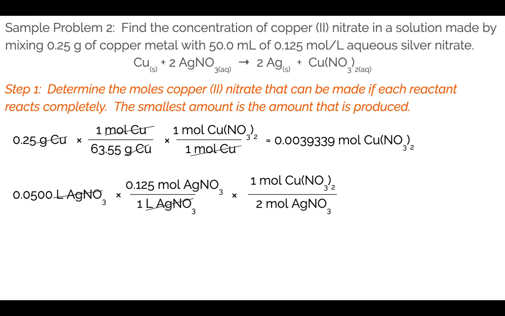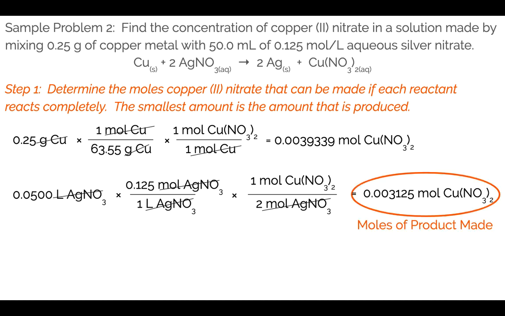In this case, the ratio is 1 copper(II) nitrate over 2 silver nitrate. So when we calculate that out, we find that if all the silver nitrate reacts, we get 0.003125 moles of copper(II) nitrate. So the silver nitrate makes less than the copper. So that means that that is the actual moles of product that are made, because the silver nitrate is going to run out before all the copper can be used.